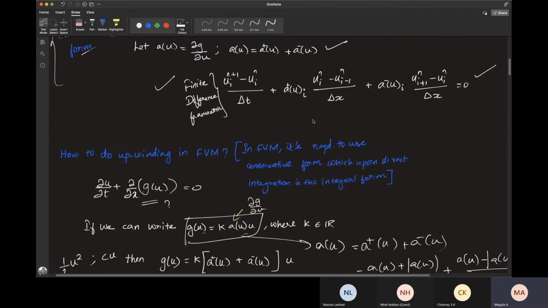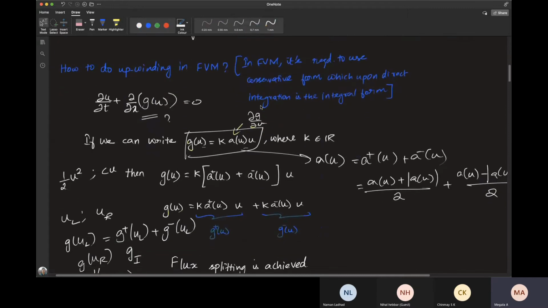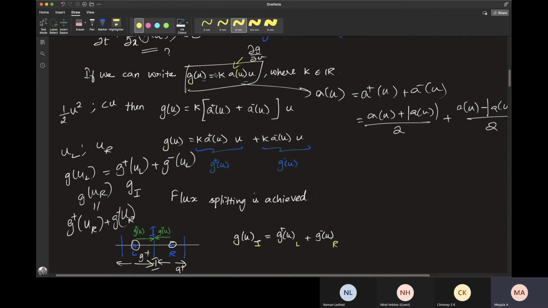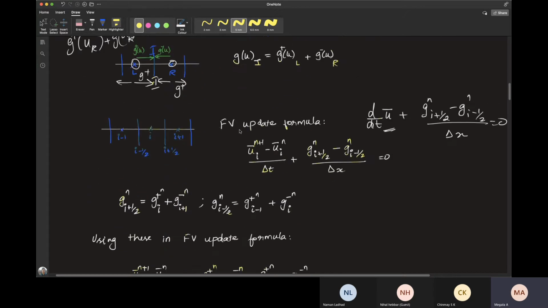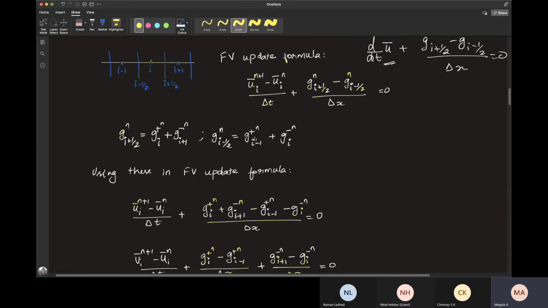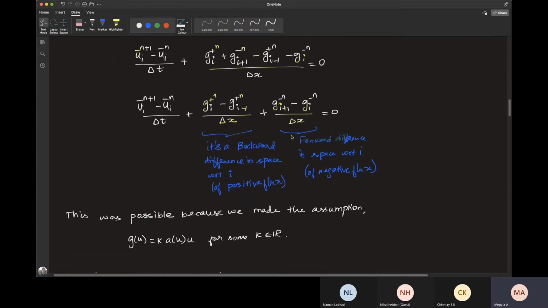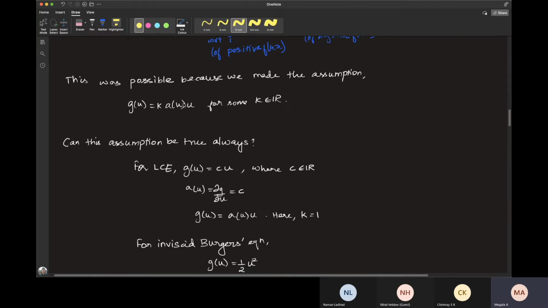But here in the finite volume framework, we are splitting the wave speeds as well, but because of this assumption, wave speed splitting will lead us to flux splitting. So then we are doing upwinding based on flux splitting. And all of this was possible only because of this assumption.